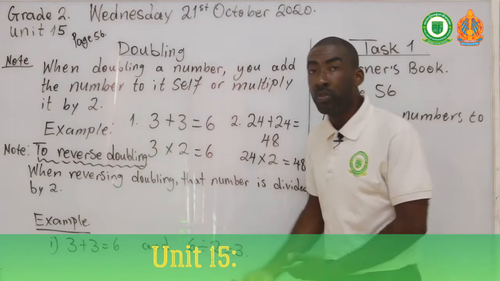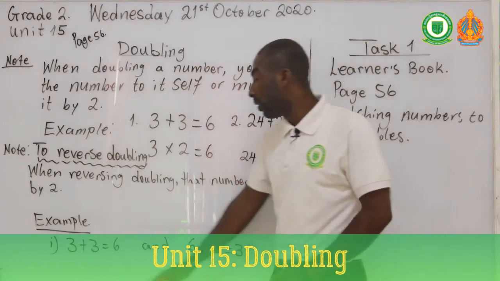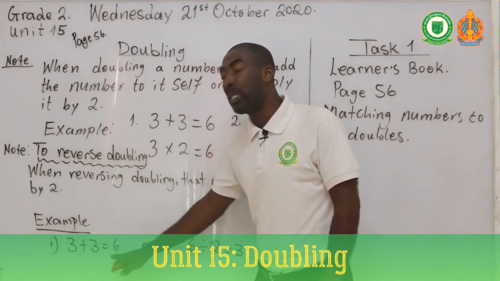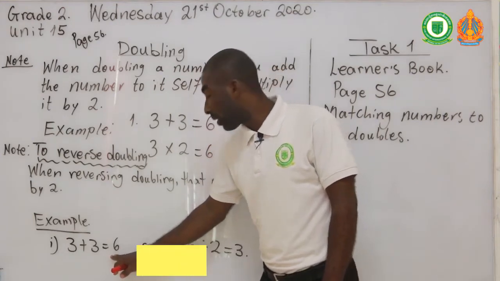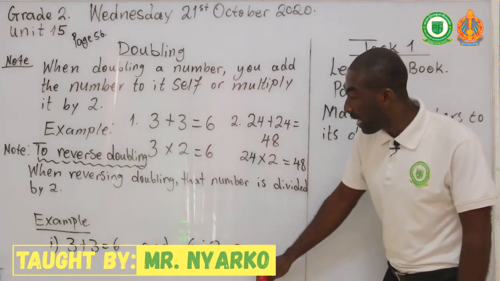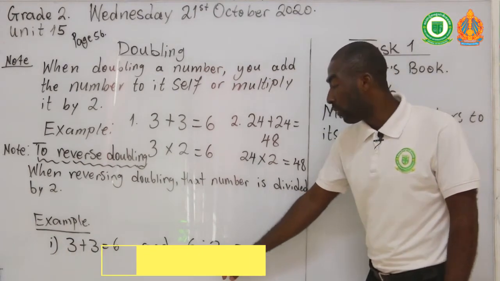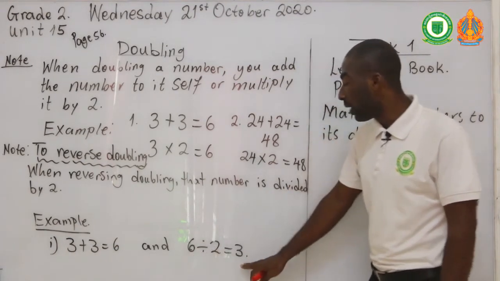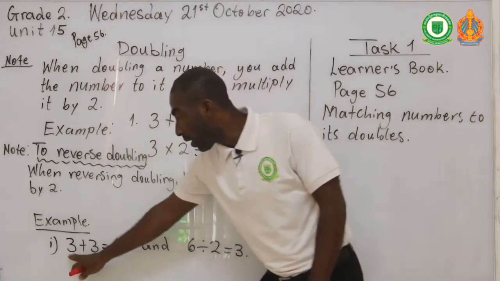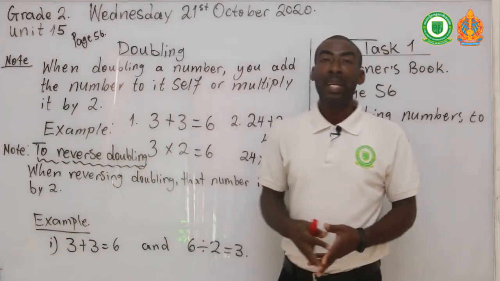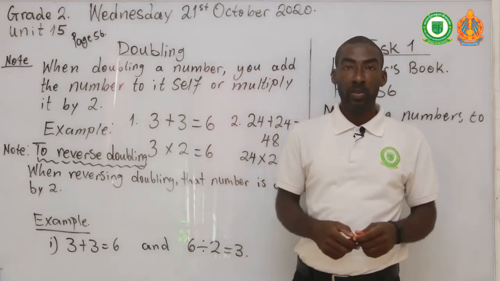Now we want to reverse our operation back so that we will know what number we used to double to get 6. We have to divide that number by 2. So when we divide 6 by 2, we get 3. And 3 is what we used to add up to get our double number.